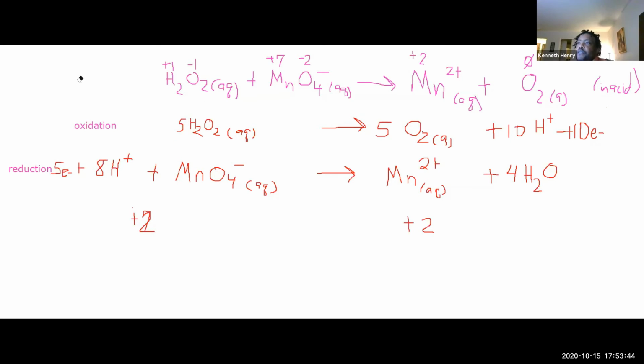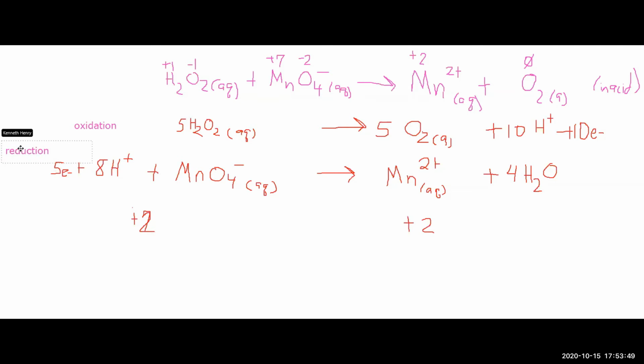Okay, what about down here, our reduction reaction? Multiply by 2.